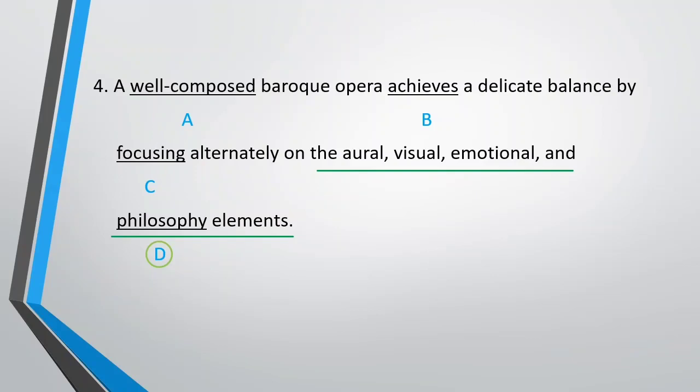So, the word philosophy will be changed into philosophical. The correct sentence is: a well-composed Baroque opera achieves a delicate balance by focusing alternately on the oral, visual, emotional, and philosophical elements.